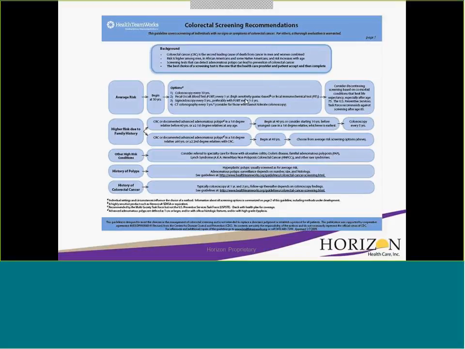Another thing I've done in the clinic is make cue cards. We have all these different measures that we do: mammogram, CRC screening, and so on. I have these cue cards that the nurses can use when pre-screening patients, passing them to the provider to remind them, hey, we need to talk about this measure.